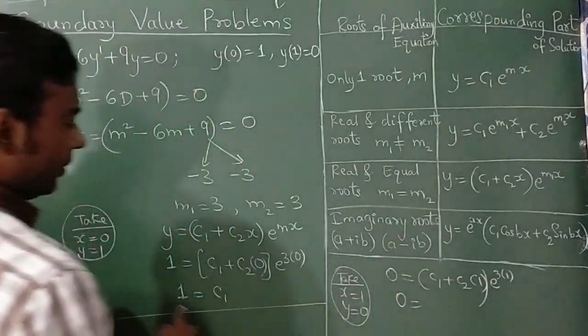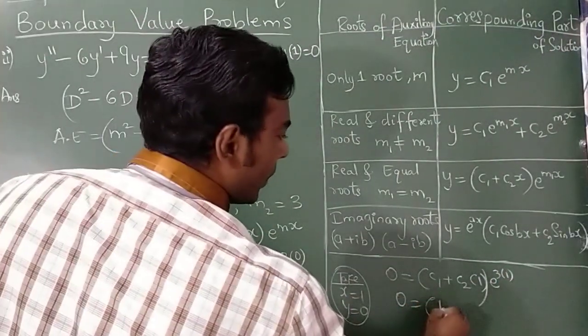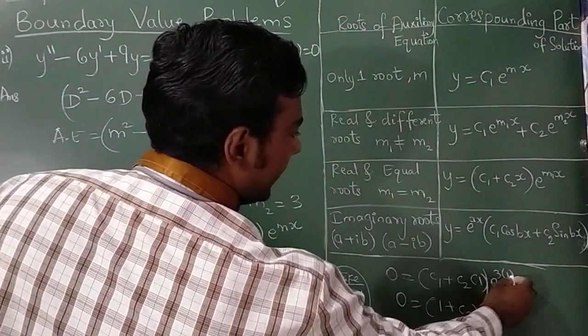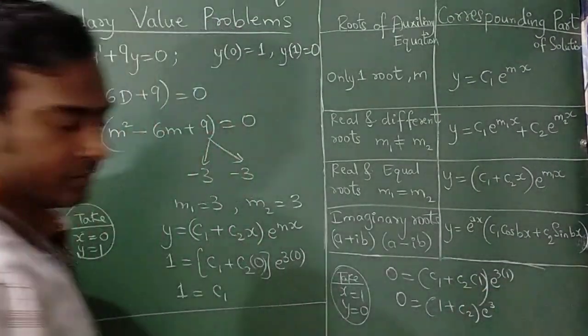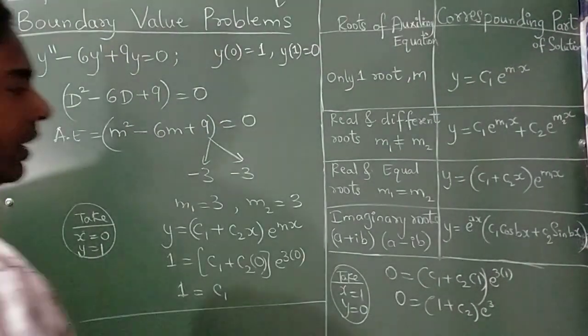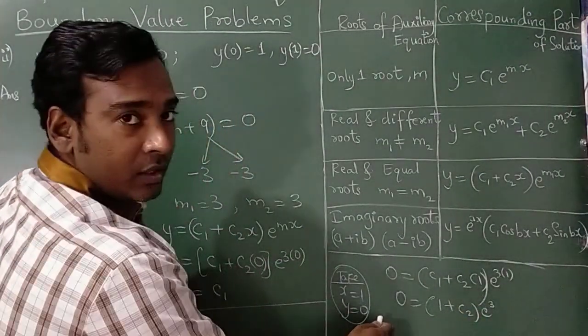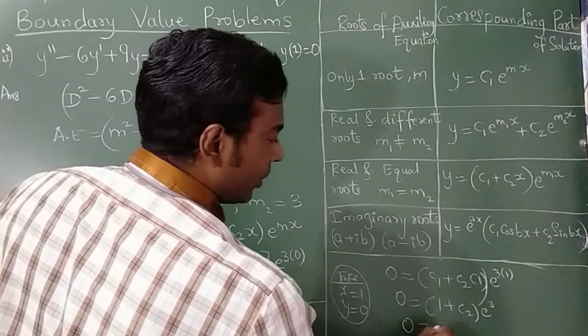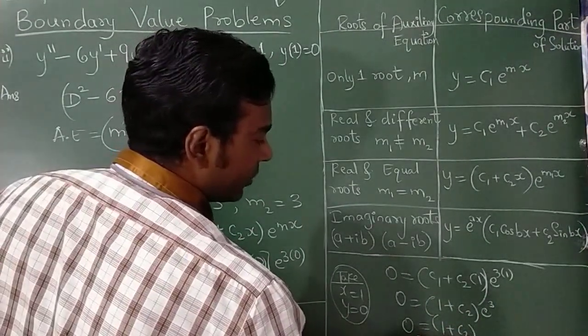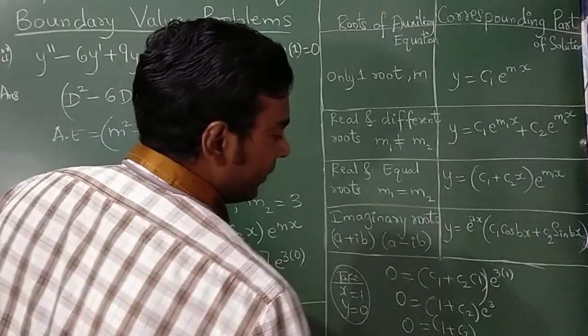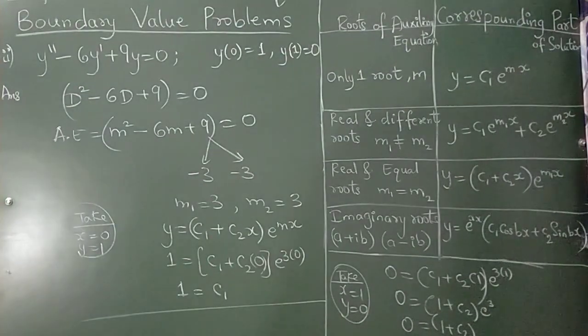I have got 0 equals c1 plus c2, again e raised to 3. Now e raised to 3 comes on the left hand side, it will become 0. So 1 plus c2. This 1 goes to the left hand side, so it will become minus 1. So c2 value is minus 1 now.